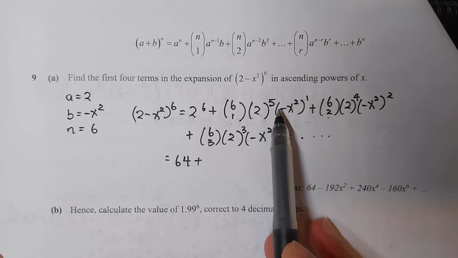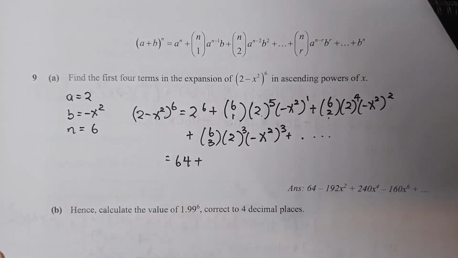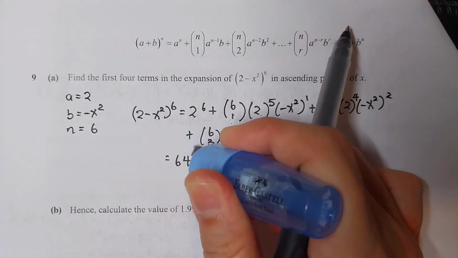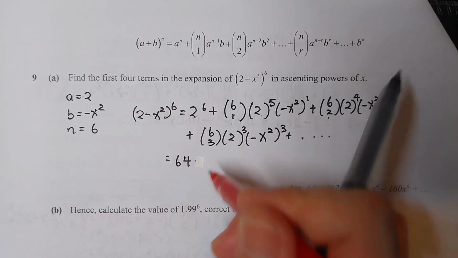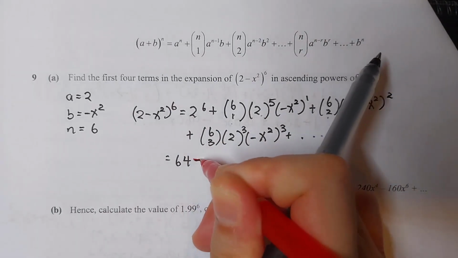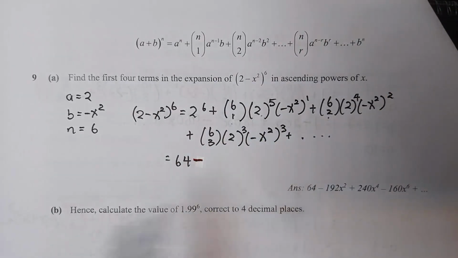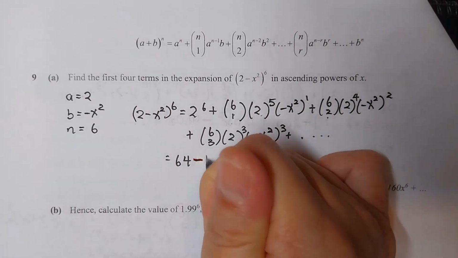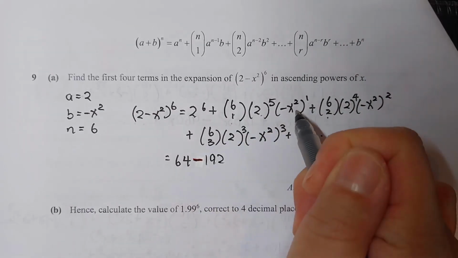A negative to an odd power will always be negative. So this actually will become negative. 6 choose 1 multiplied by 32 is actually 192. And we will have an x squared.